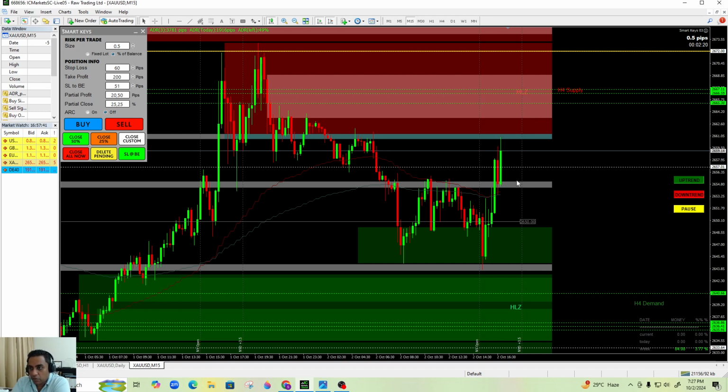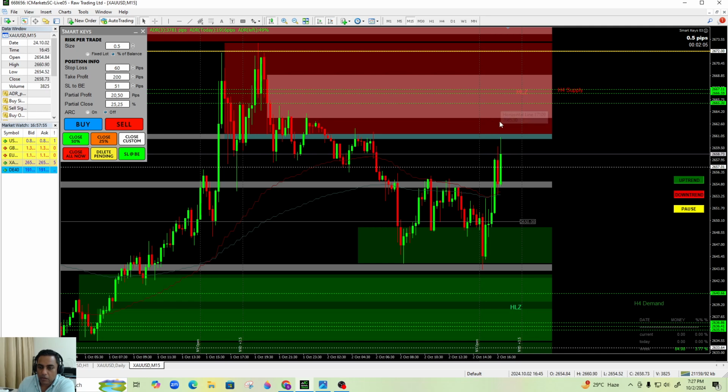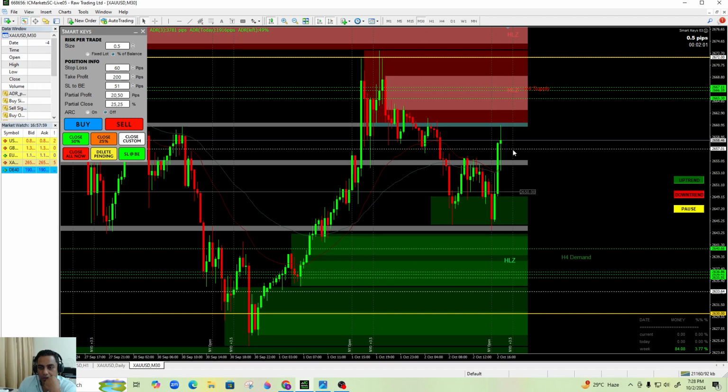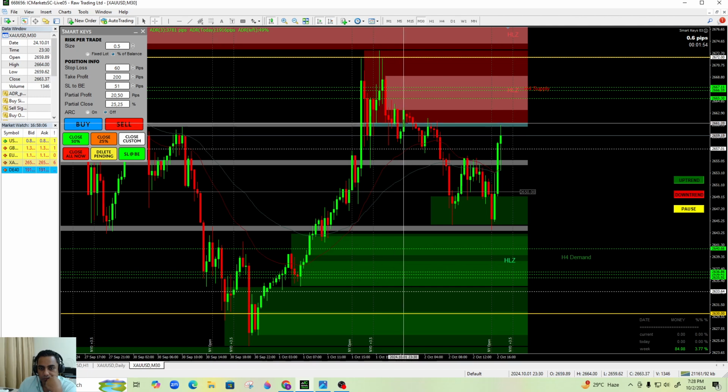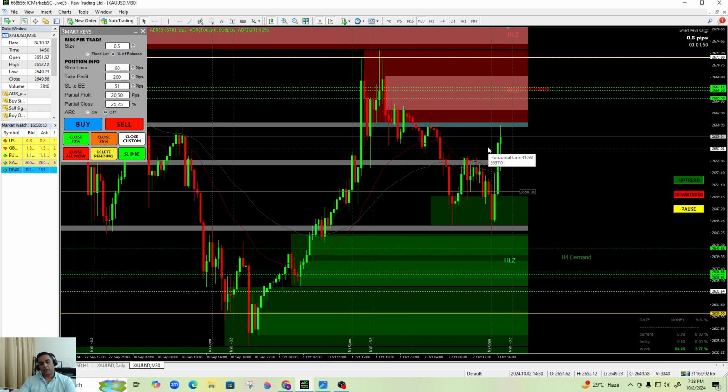Two minutes more for this 4-hour candle to close. The 15-minute candle should close like this. The next one should break the high and head deeper.